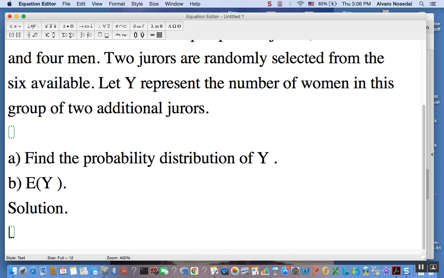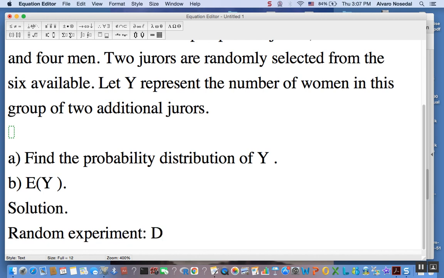Once we have the sample space, in this case the random variable is already defined, but we're going to just recall what's a random variable of interest, and finally we are going to be in a good place to derive the probability distribution of y. Okay, so as I said, first step, let's describe the random experiment.